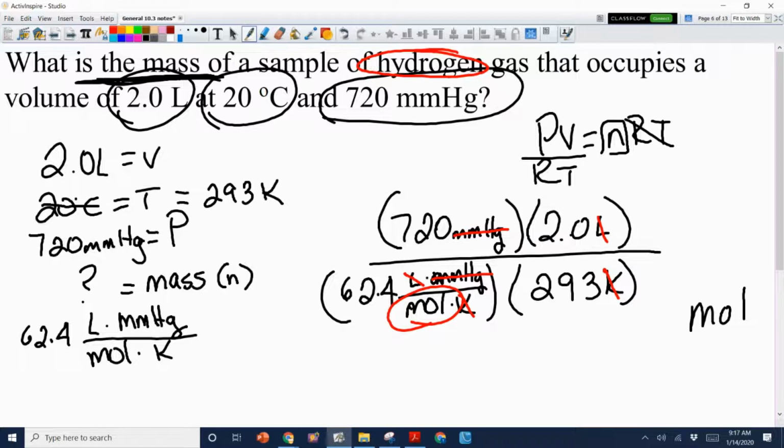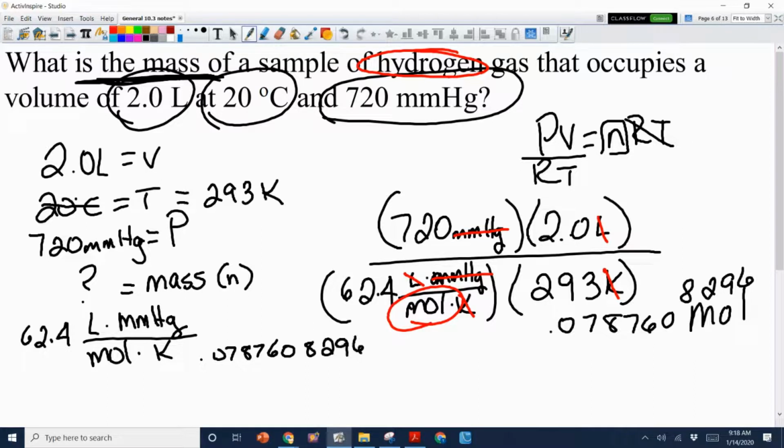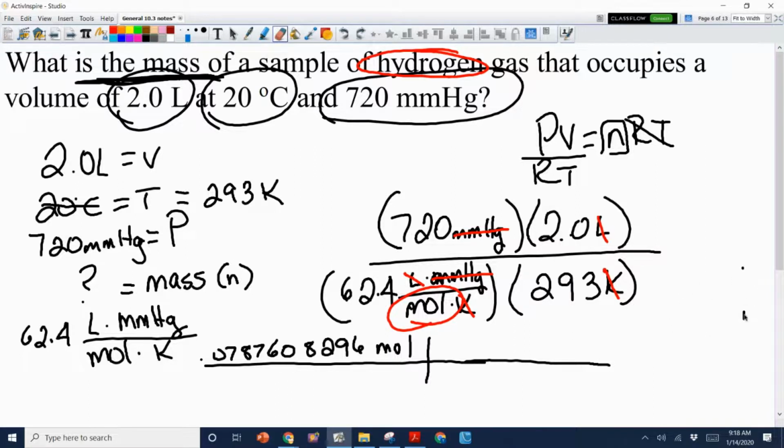So this is going to be 0.078608296 moles. All right, I'm going to rewrite it over here. We're not going to round this yet, moles, because we need to convert it to mass, which is grams.